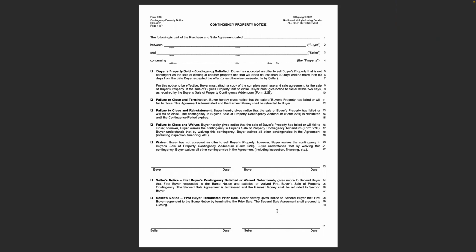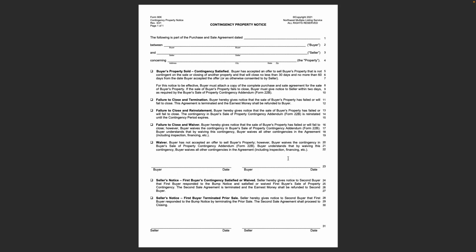Just so, the other items on here that you would use this 90K for, as you can see if you read it, are failure to close and termination, failure to close and reinstatement, and failure to close and waiver, and then just waiver. So you could, in some circumstances, use this one.